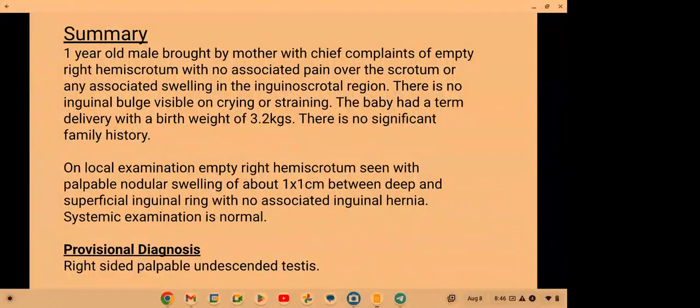Then we insert an artery forceps from the scrotal skin and make a small incision on the dartos. From there we insert the artery forceps and pull the testis down into the subdartos pouch.